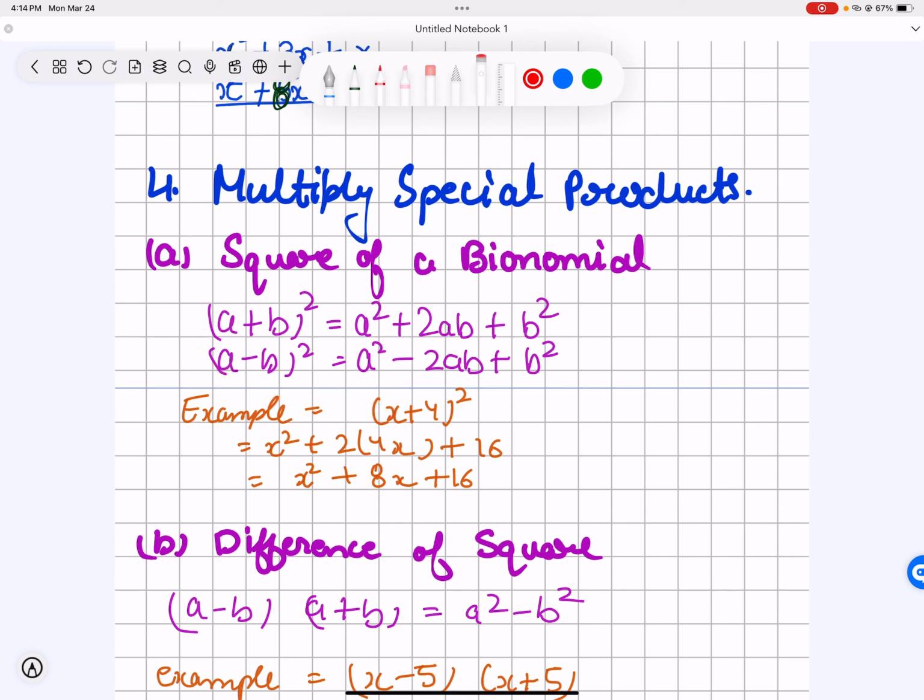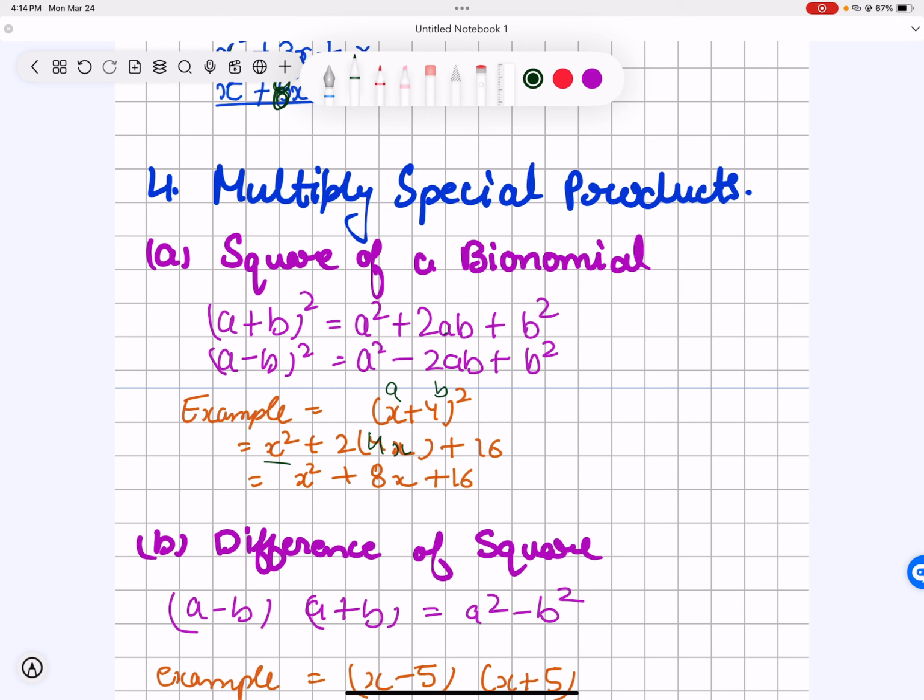I would write a squared, where x is a, and this is b. So a squared is going to be x squared, and then we write 2 as it is, and then ab, which is going to be 4x.